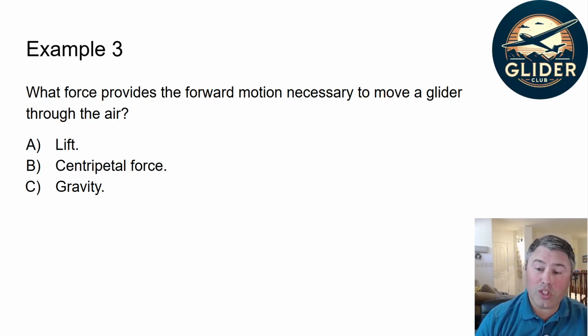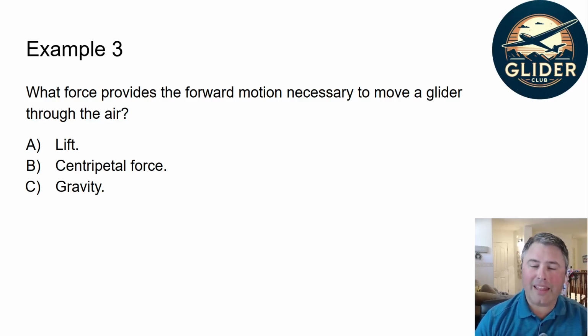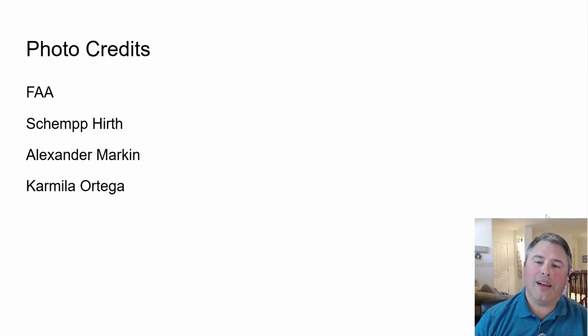And what's the force that's moving it in the air? Remember the ball going down the ramp. It's the force of gravity pulling the glider through the air. So C, gravity. And that's what the FAA wants you to know about the forces acting on a glider.